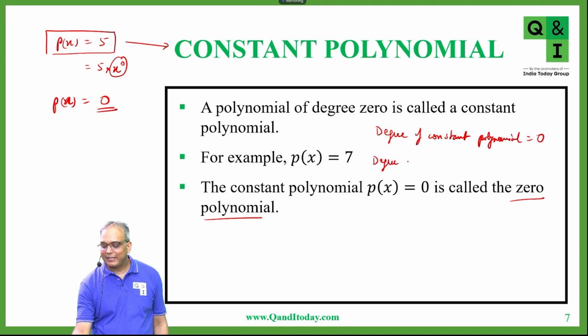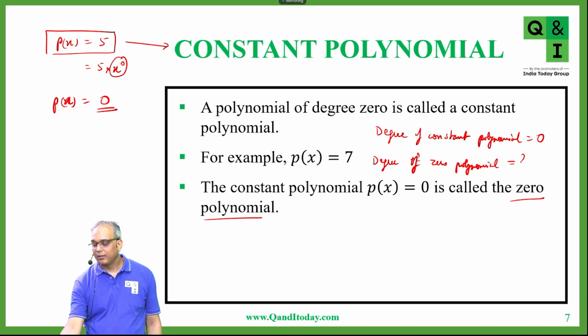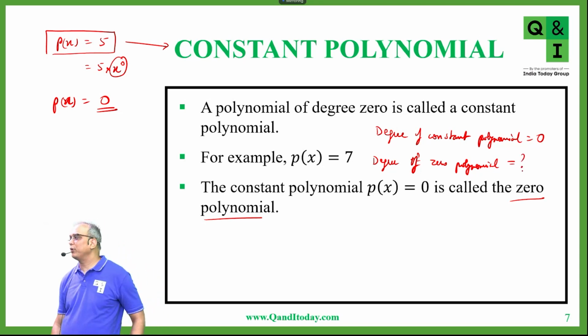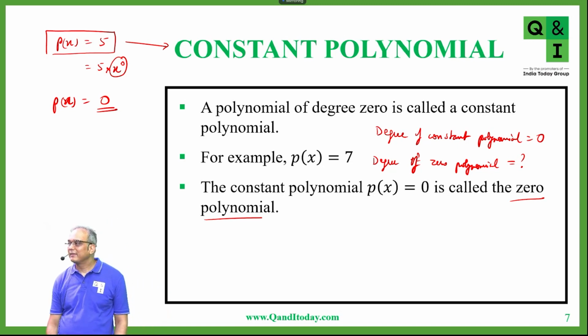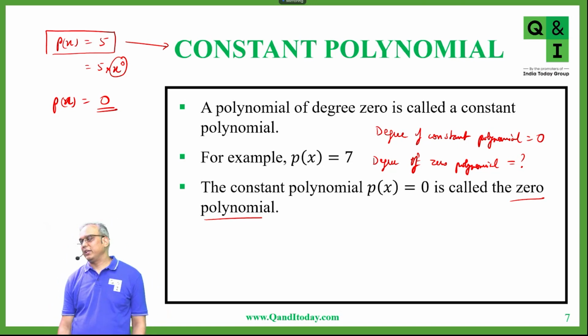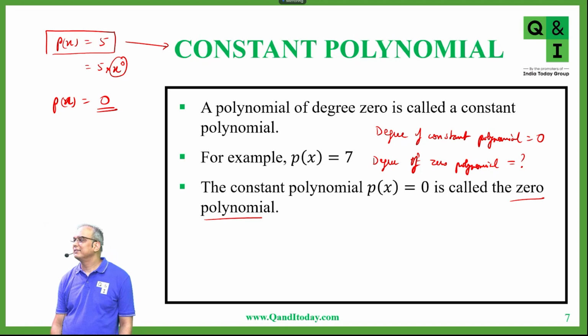What will be the degree of a zero polynomial? Can someone tell me? Sir, it will be 0. Okay. Anyone else? Anna is also saying 0. Hana is also saying 0.